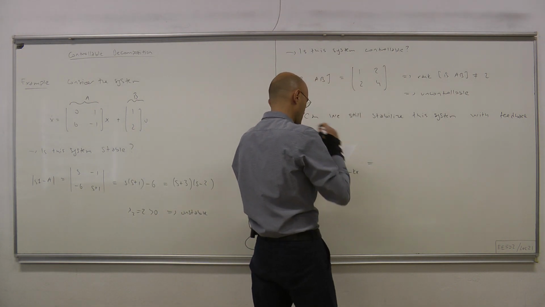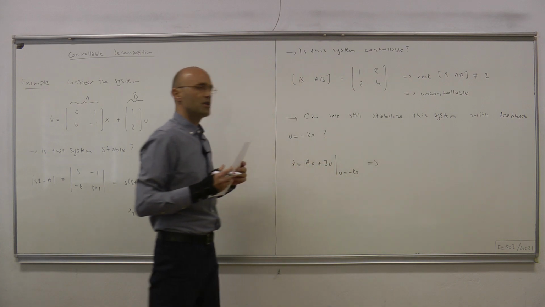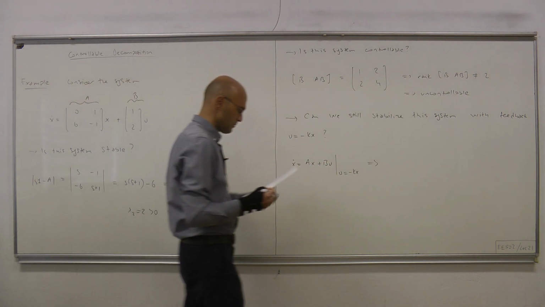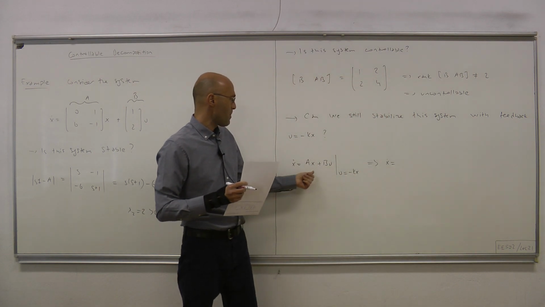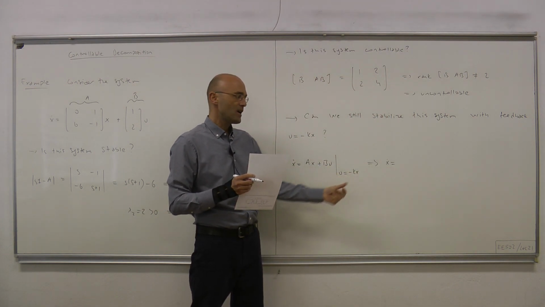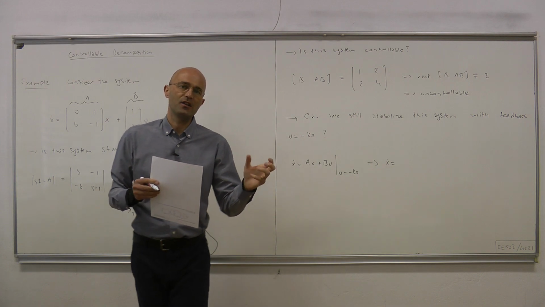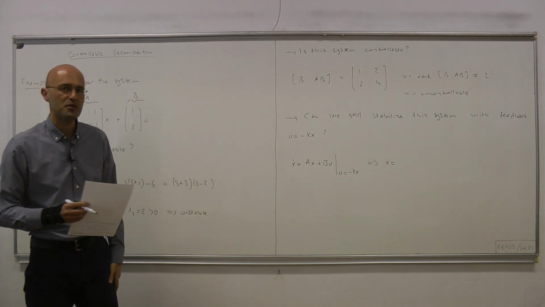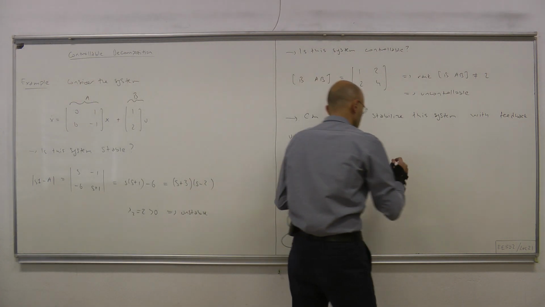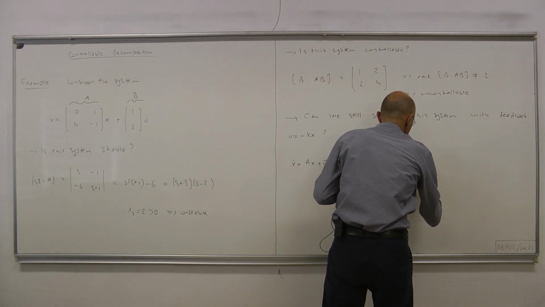That's our feedback law structure, under which the closed loop system becomes x dot equals Ax minus BKx, and then we can write that as x dot equals some matrix times x, and that matrix is called the closed loop system matrix. So we have (A minus BK) times x.